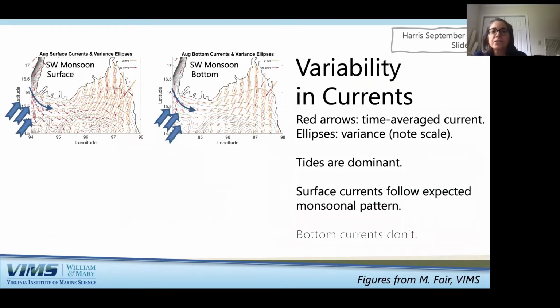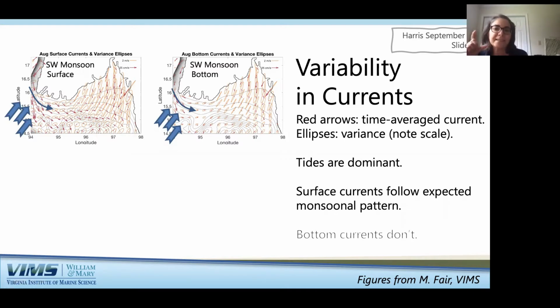And so now I want to look at the variability in currents that were predicted by the model. So the top panels here show the model calculations averaged over a spring neap cycle for the southwest monsoon conditions. So in this model run, the winds are blowing from the southwest. Now, each of the arrows on here, the red arrows, that's the time averaged current.